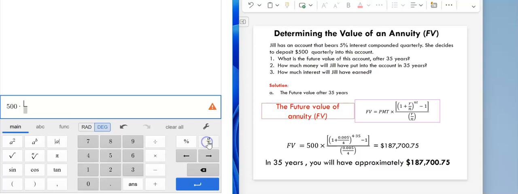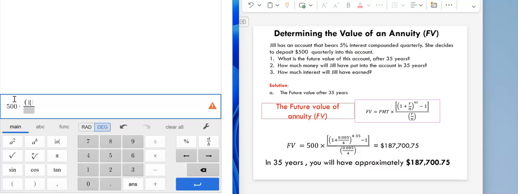Now I put the fraction here, because remember that this whole thing is a fraction. On the top you type everything, and you type 1 plus r over n to the power nt. So how do you do that?